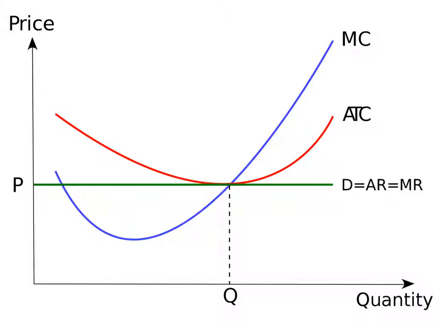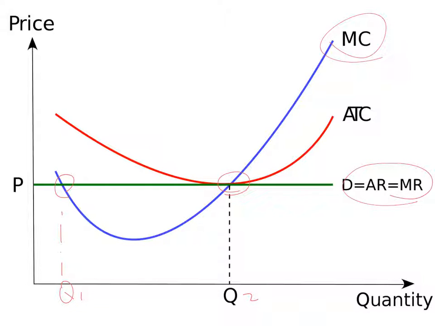Here's another situation. This is a graph, and notice that the marginal revenue schedule, the marginal revenue line in green, and the marginal cost schedule in blue, notice that they intersect at 2 points. We might call this point Q1, and this other one, it's already labeled, let's call that Q2.